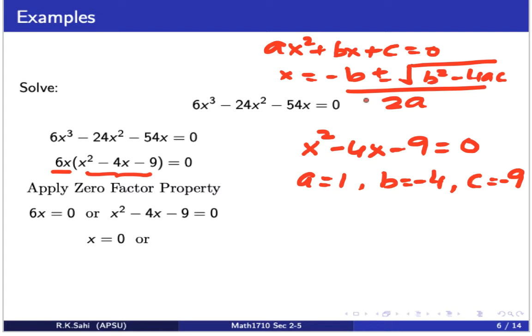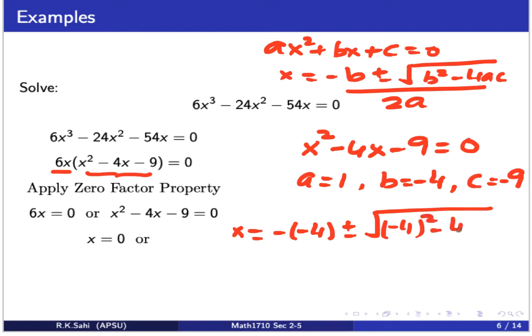Plugging these values into this formula, we get x equals minus of minus 4, plus or minus the square root of minus 4 squared minus 4 times 1 times negative 9, divided by 2 times 1.